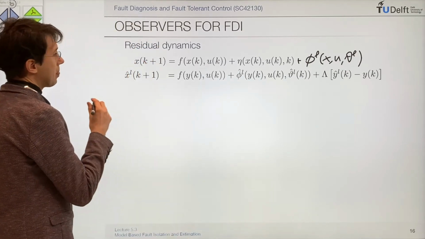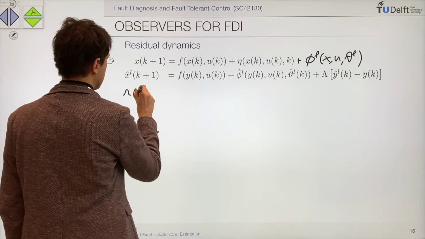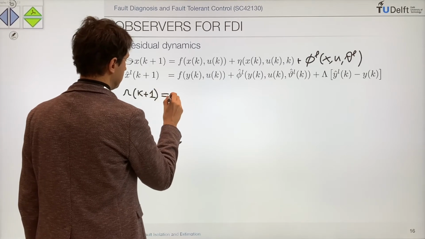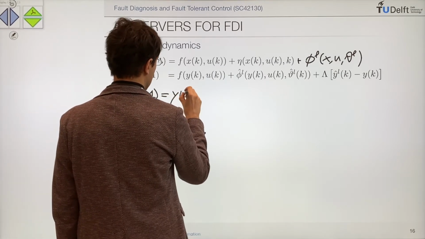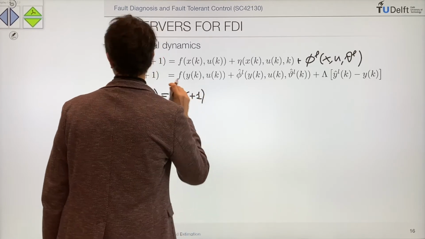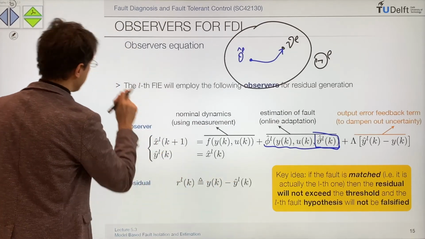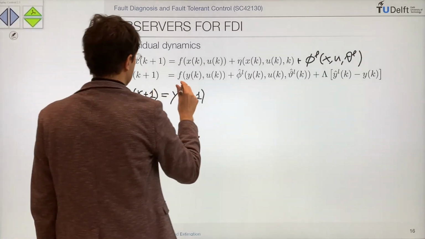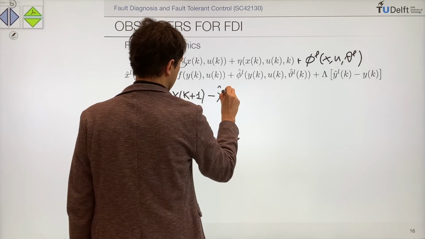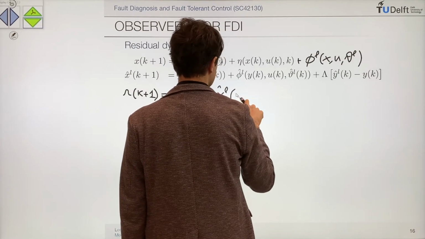So if we compute the residual, we know that R at time k plus 1 is equal to y at time k plus 1. We defined that previously, so R is y minus y hat L at time k plus 1.